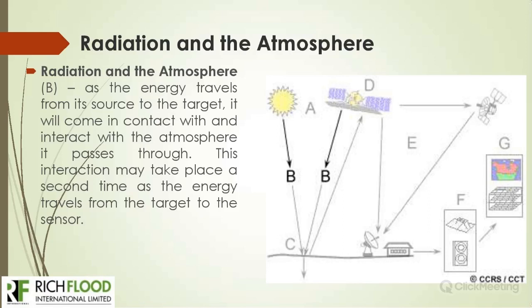So, apart from the energy source, another important component of a remote sensing system is the radiation. As the energy travels from its source to the target, it comes in contact with and interacts with the atmosphere through which it passes. This interaction may take place a second time as the energy travels back to the sensor.